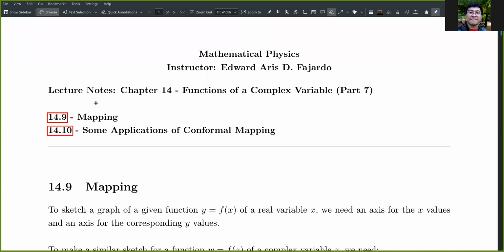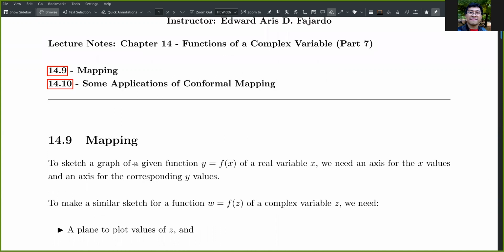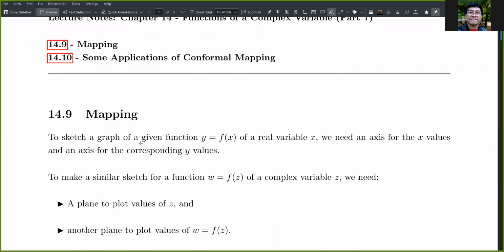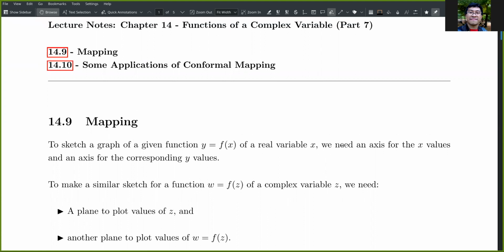Today we will talk about mapping and some applications of conformal mapping. To sketch a graph of a given function, for example, a function generally written as y equals f of x of a real variable x, we need an axis for the x values and an axis for the corresponding y values.